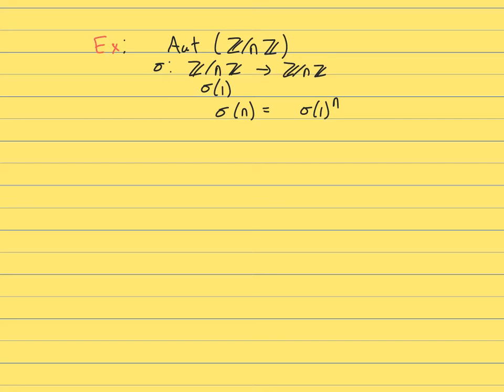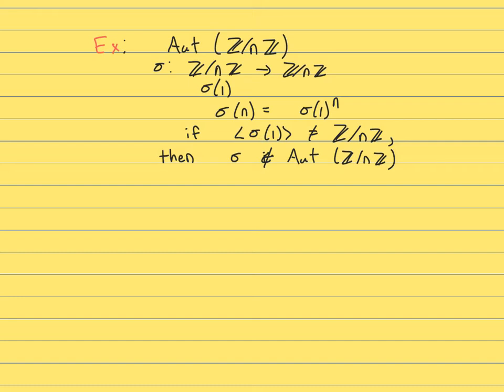So you just have to figure out where to send 1. And if you send 1 to anything other than a generator, then it's not an isomorphism. Why?